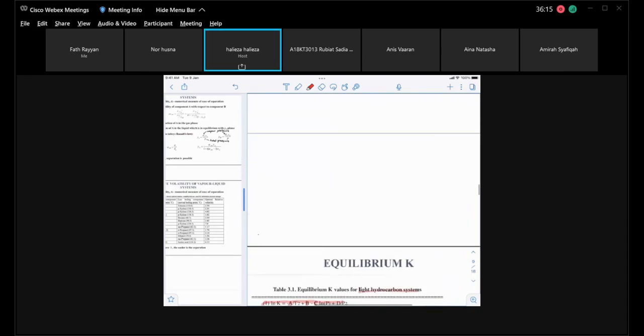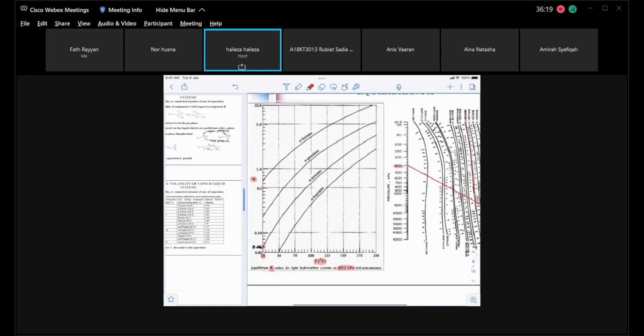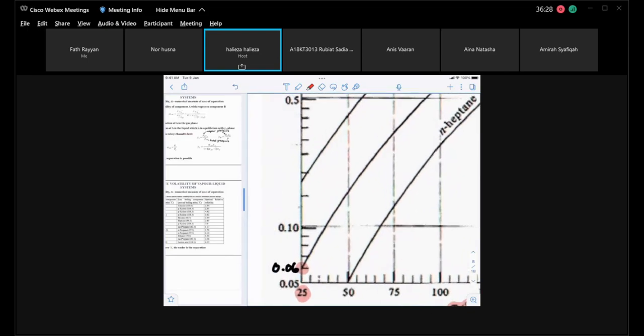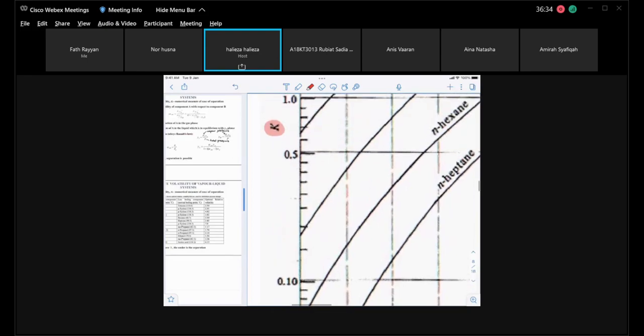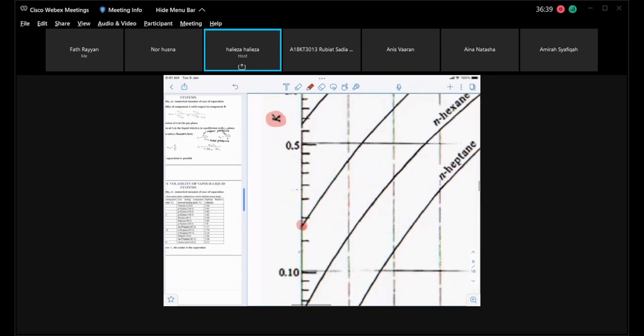Sometimes you're lucky enough to just get the graph. But using the graph, you will not get it that accurate. It's just an estimate of the value. Just like I said, I'm using hexane now, and it's 0.06. Fortunately for me, it's about 0.06. But if I'm using, for example, N decane, which is over here, then I need a rough estimate of exactly where it is.